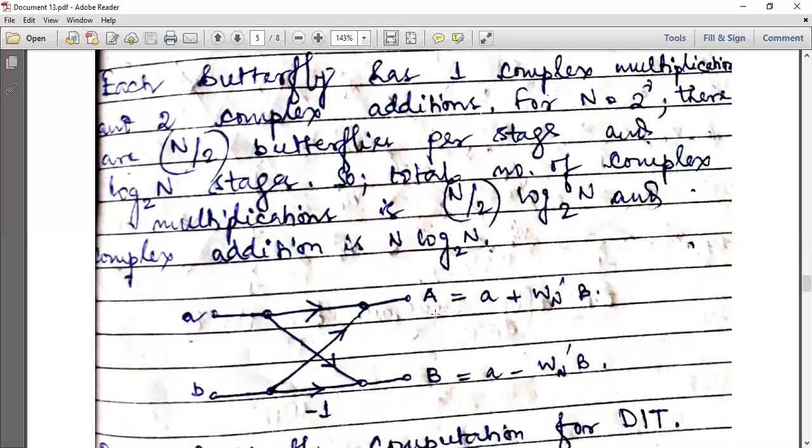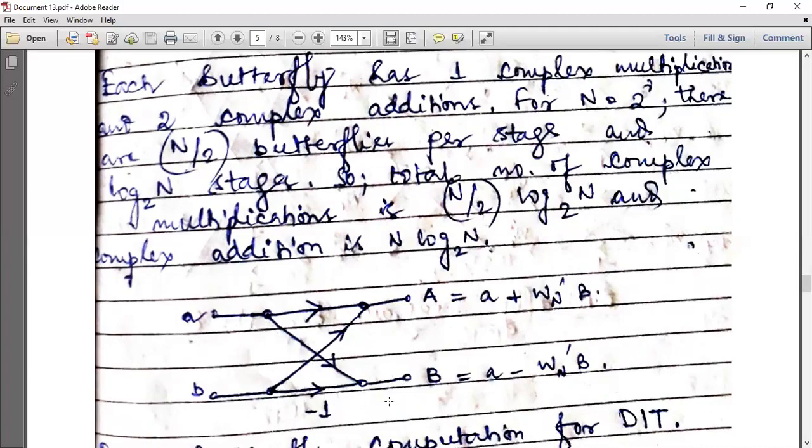Capital A equal to what? Small a plus Wn into b. What is Wn? Wn is our twiddle factor. And capital B will be a minus Wn into b. Why? Because this line has an index minus 1.